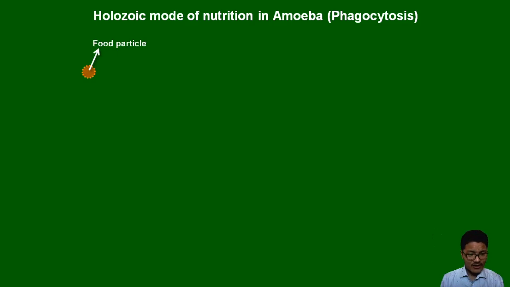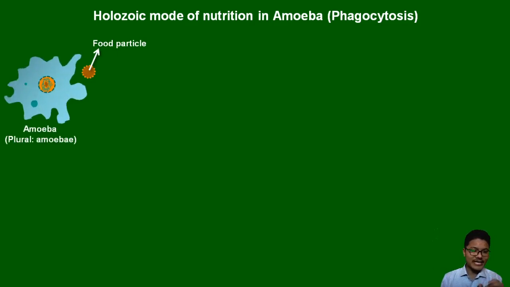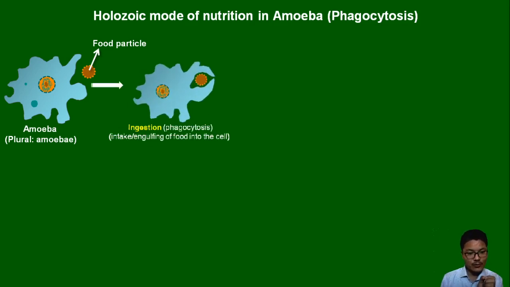Now, whenever amoeba is nearby any food particle, amoeba tries to sense the food particle. Amoeba moves around the food particles, and it will extend its pseudopodium.